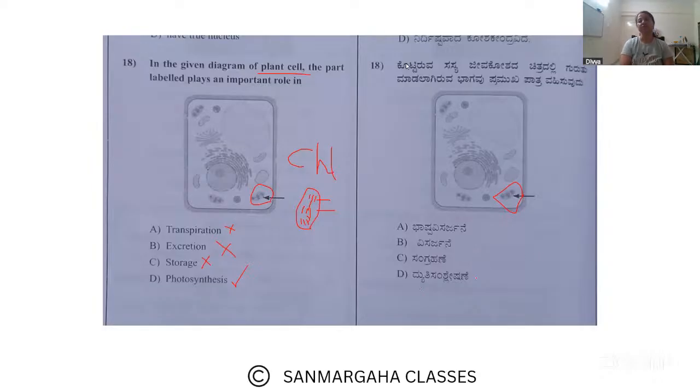That is, it takes part in the process of photosynthesis. Which is this? Chloroplast, right? So our option will be D. Option D. Okay, yes.